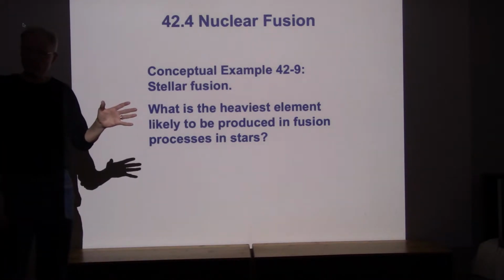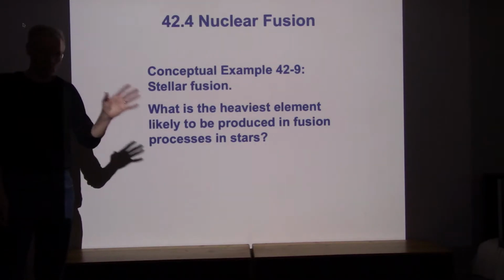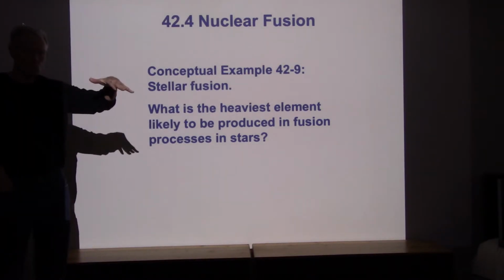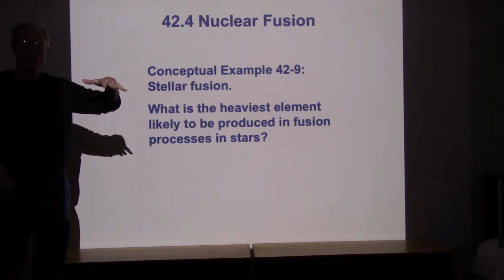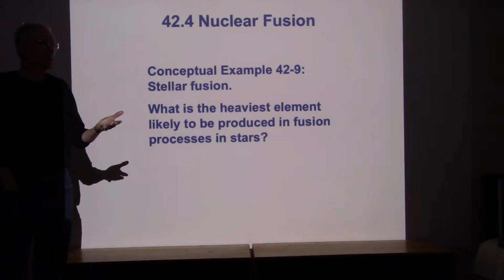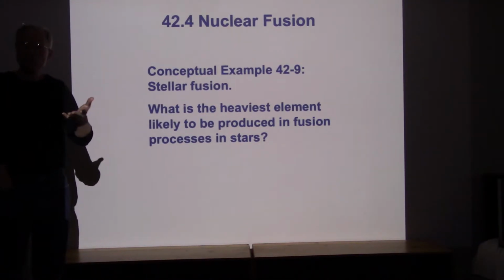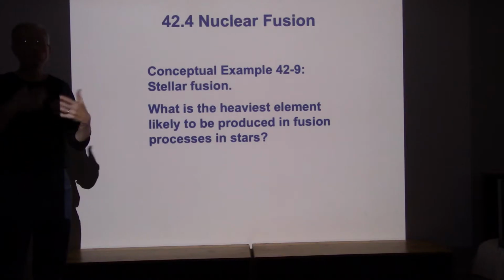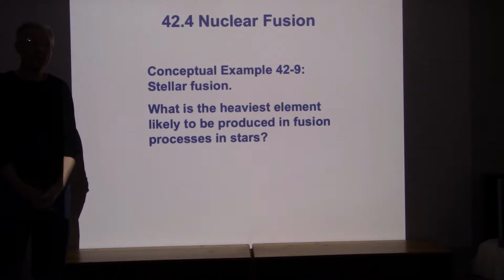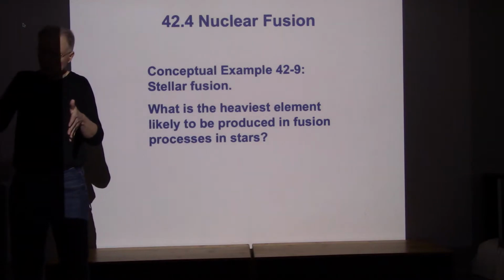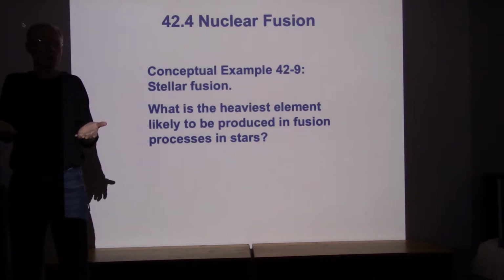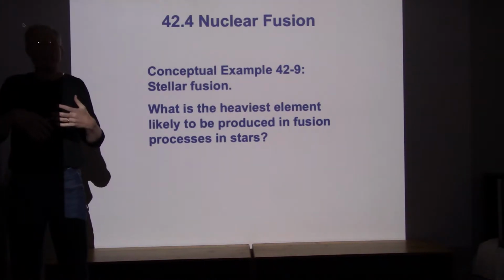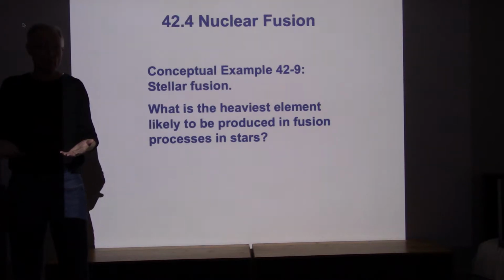Now, if you look at the abundance of different elements and their isotopes across the periodic table, once you get past that fourth row in the periodic table, once you get past iron and copper, zinc, some of those elements, the abundances of those elements and isotopes just drops off dramatically. So again, high mass stars generate all those elements up through the fourth row of the periodic table, but it becomes more and more difficult to have heavier and heavier elements generated.